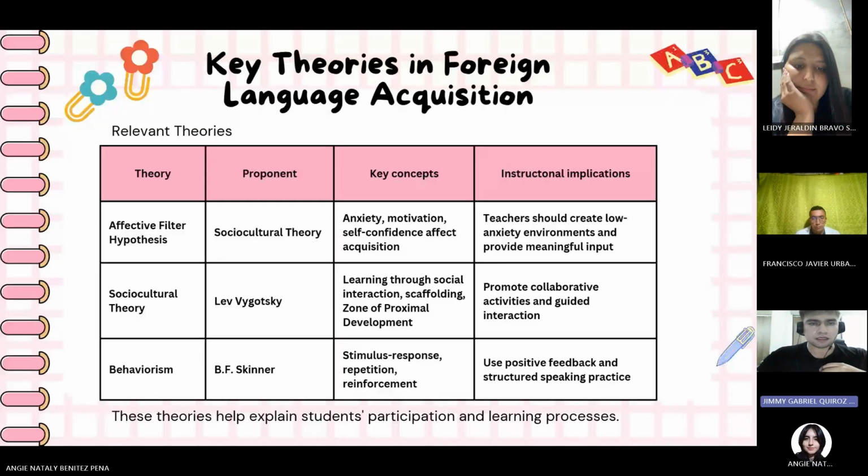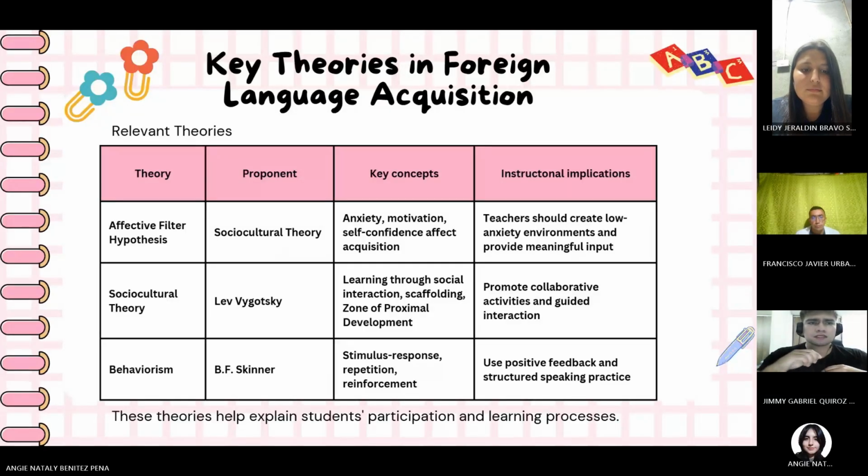Finally, behaviorism is based on practice. When students repeat activities and receive positive feedback, they can improve little by little.